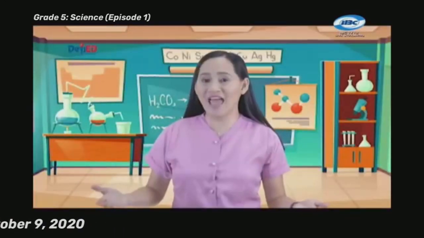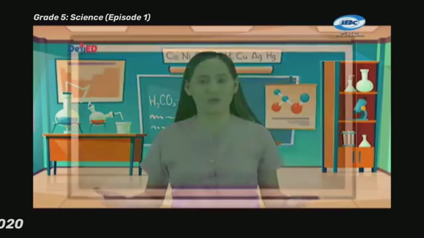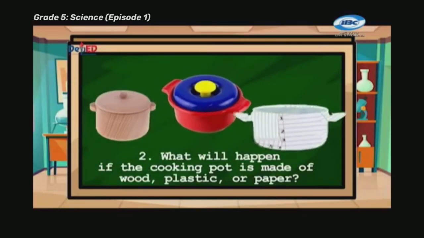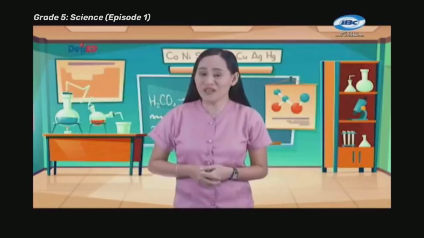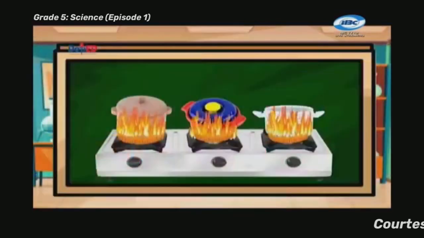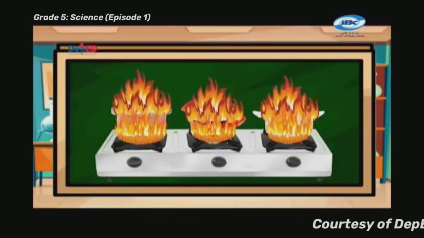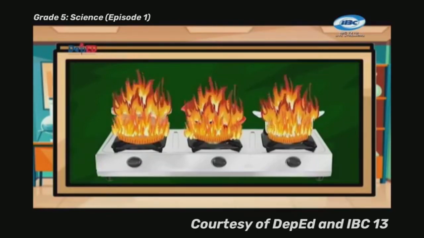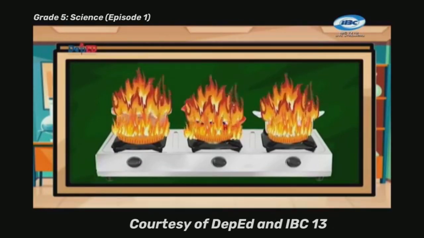Let's discuss your answer for question number 2. What will happen if the cooking pot is made of wood, plastic, or paper? If the cooking pot is made of wood, plastic, or paper, it will burn because when a cooking pot is used to cook food, it is placed over fire.